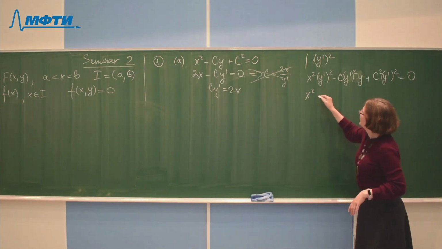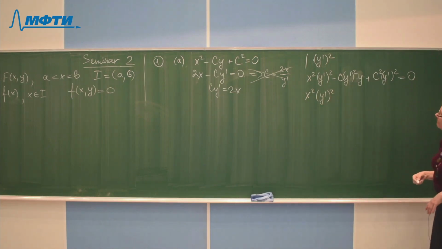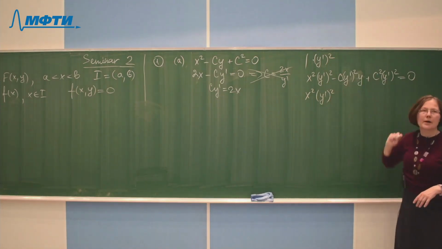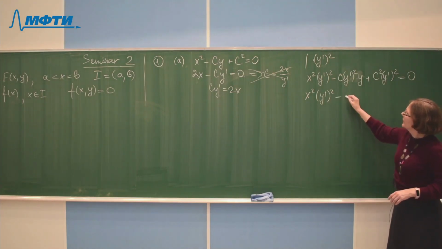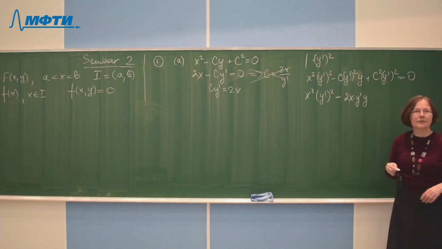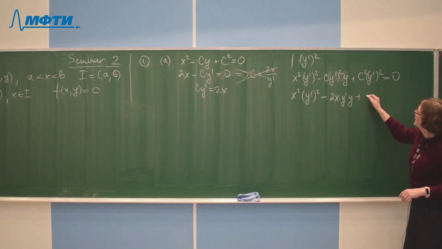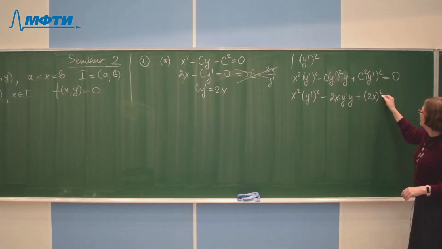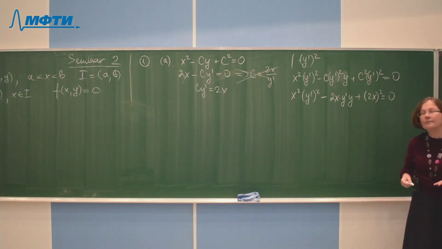So we'll leave the first term as before. Then c y prime squared will be, so minus, 2x times y prime times y. Right? And plus 2x squared. So we are done. This is a first order differential equation with no constants, so just what we need.